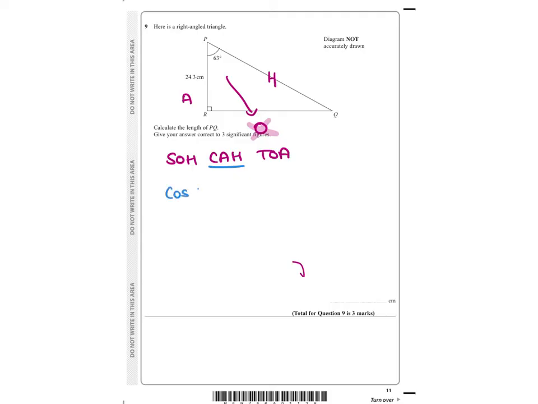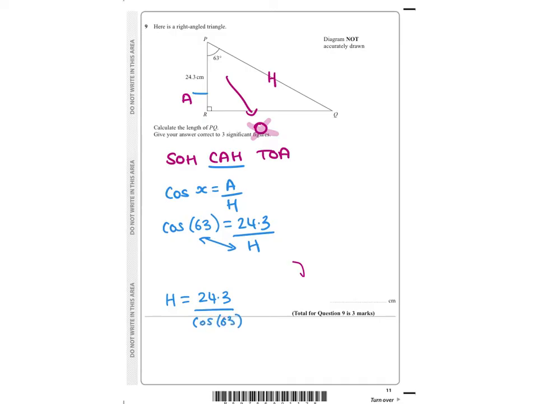So we know that cos of X equals A over H. Now our angle is 63, so cos of 63 equals our A, which is 24.3 over our H. Now, I would always suggest writing this out first before you rearrange. Now, you want H, so we need to rearrange. Now, there is a handy trick where you can just rearrange those. So we're going to get H equals 24.3 over cos of 63.